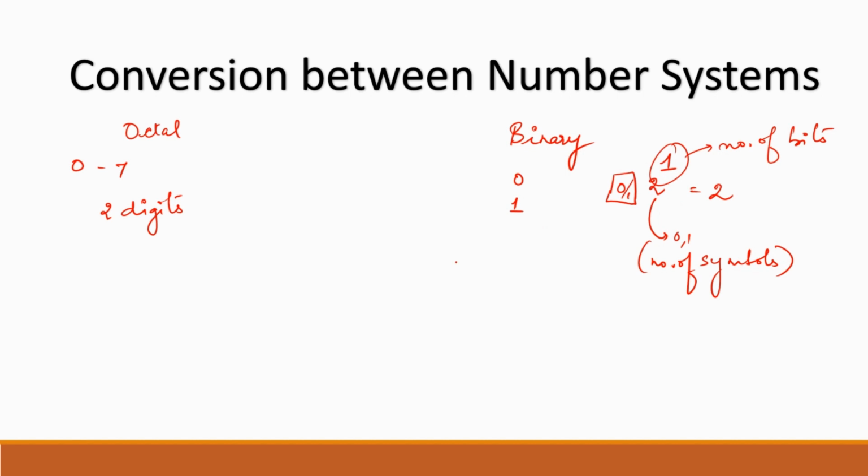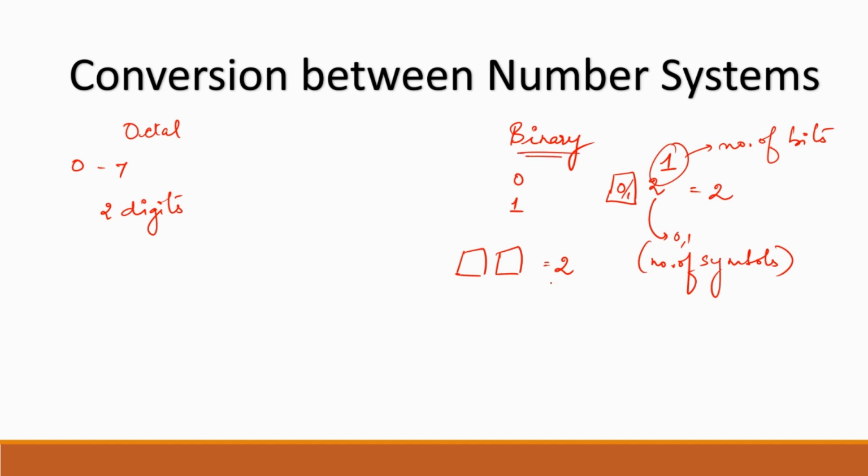But if I say I want to represent a number with two bits, what are the different numbers that I can represent using two bits, or what is the range of numbers that I can represent? So the number of bits, that is the power value, is going to be 2. And the number of symbols is still 2 because we're talking about the binary number system.